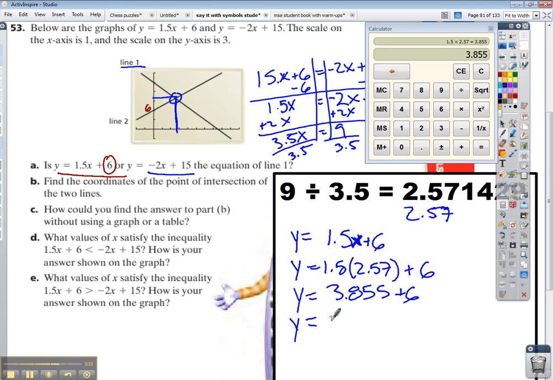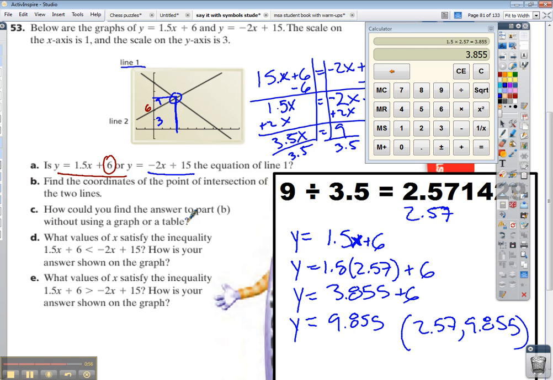So y is equal to 9.855. That makes sense, because here's 3, 6, 9. So my coordinates are 2.57, comma 9.855. And that's it. Okay, I just did C. That's okay. I answered B and C, right?